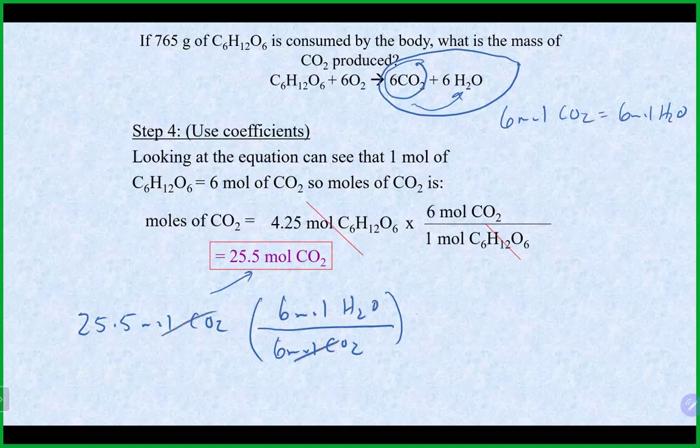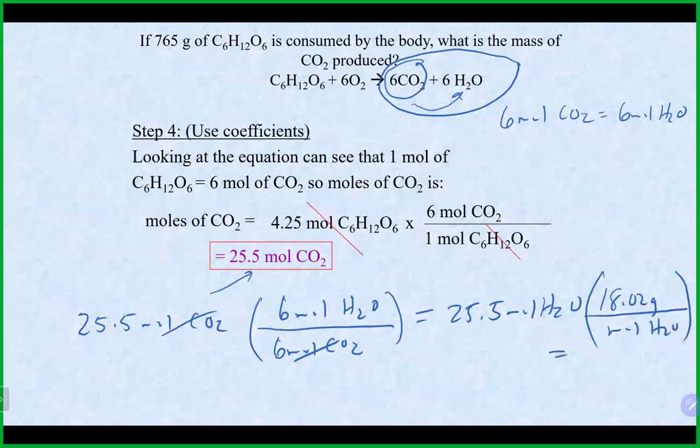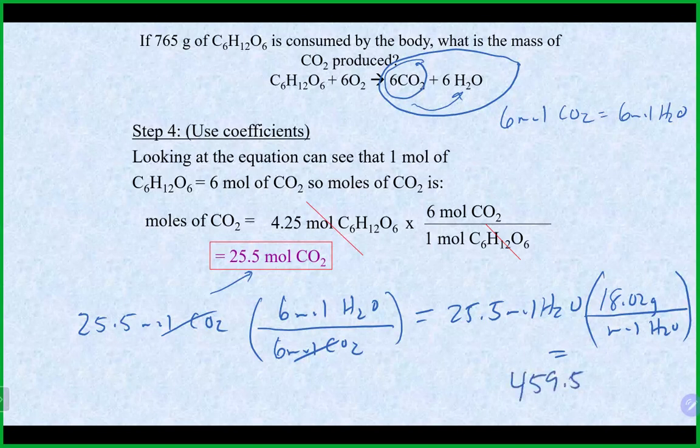Those will cancel, and we'll end up with 25.5 moles of water, which we then could use the molar mass of water, which is 18.02 grams per mole. And very quickly, because we know the moles of our product there, we can then figure out how many grams, for example, here, 459.5 grams of water we would also produce.